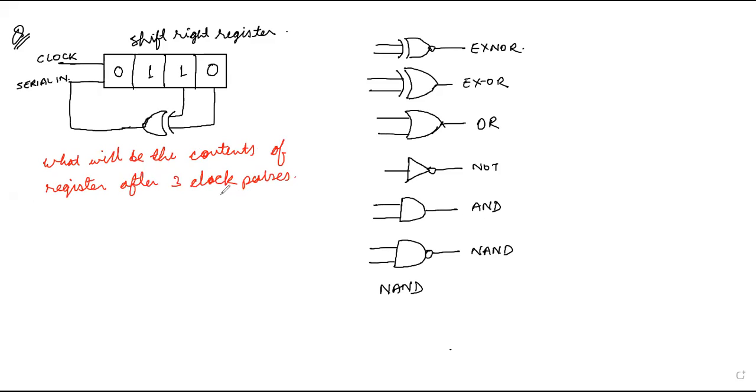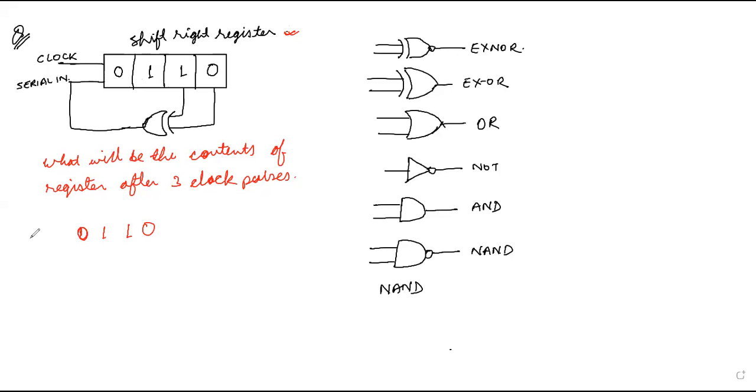We have to tell the contents of these registers. Here you can see that it is a 4-bit serial in parallel out shift register, so obviously it is a right shift register. We have to tell what the contents will be after 3 clock pulses. Initially the contents are 0, 1, 1, 0.